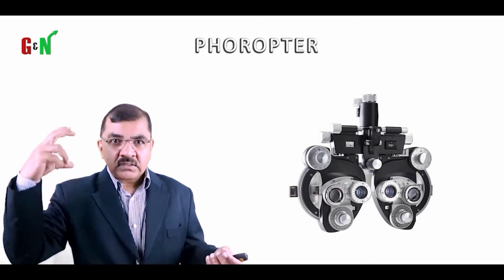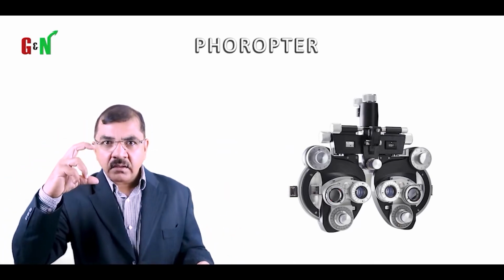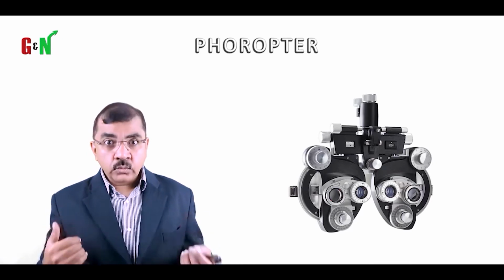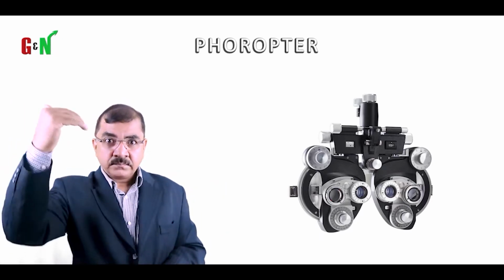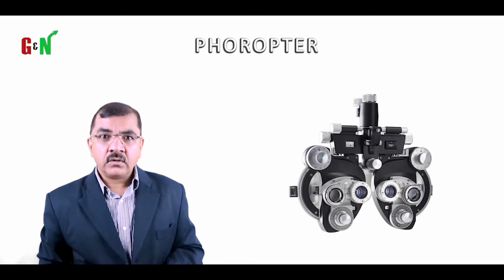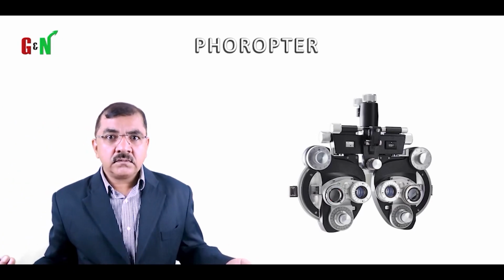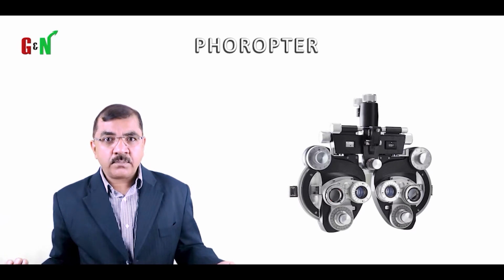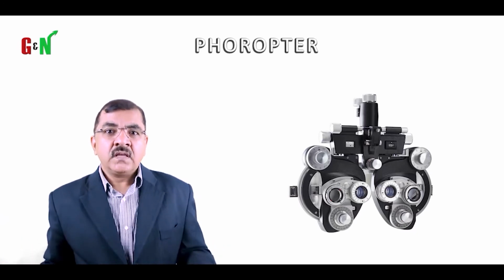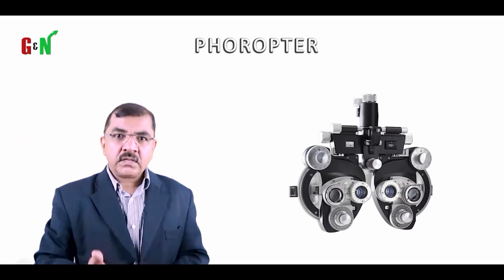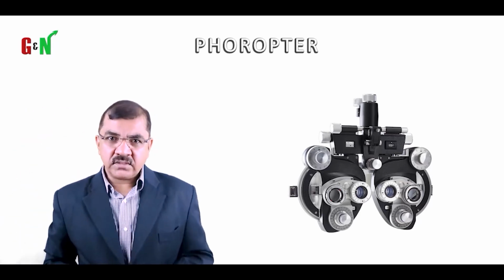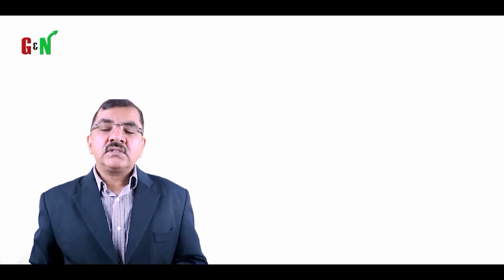The phoropter itself puts the lens in front of the eye of a patient, through which the patient looks at the chart, at the image on the wall, and they tell the optometrist how it looks. So the phoropter helps in putting a lens across and correcting the vision. Clear? Okay.